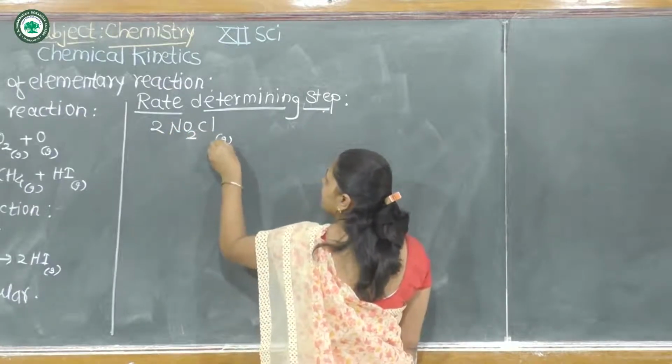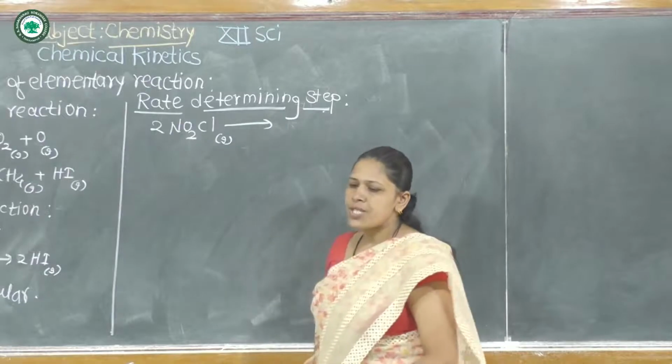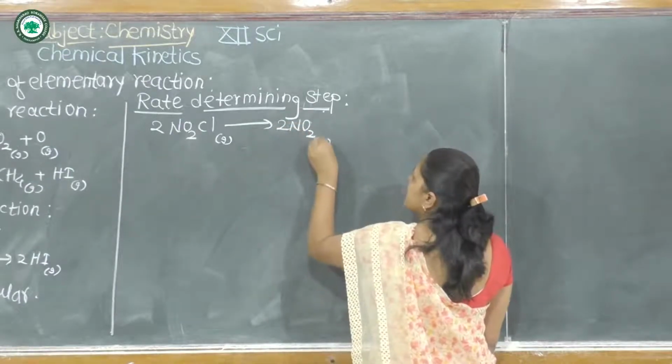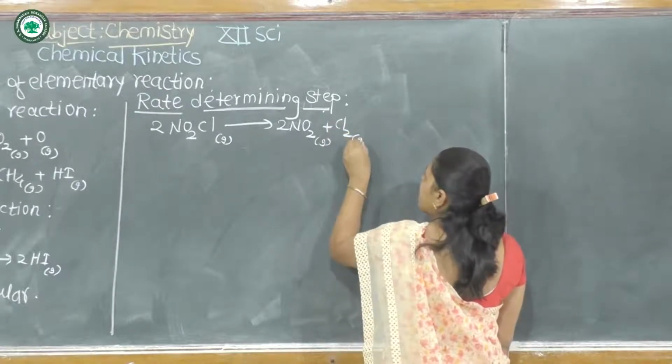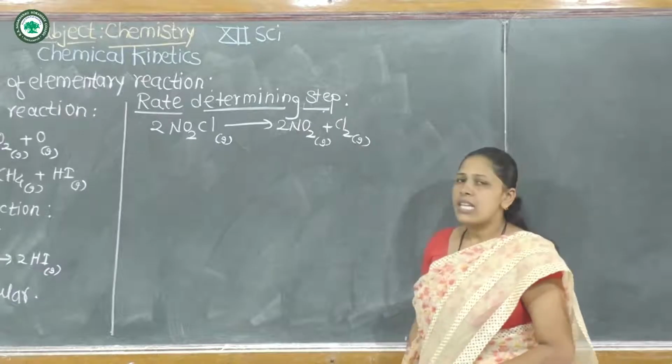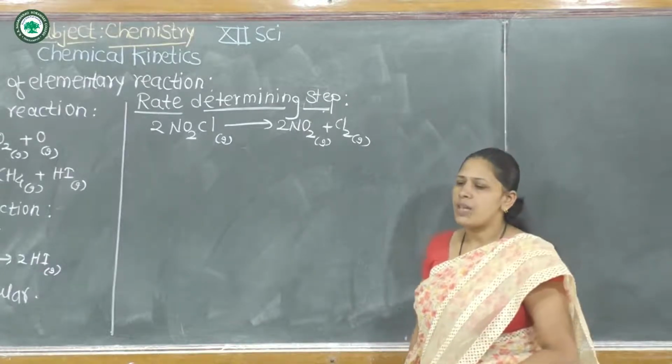Nitryl chloride gives NO2 gas plus chlorine gas. This is a complex reaction. This reaction takes place in 2 steps.